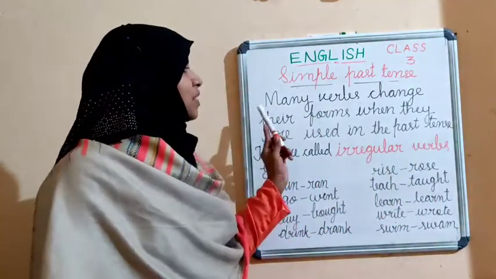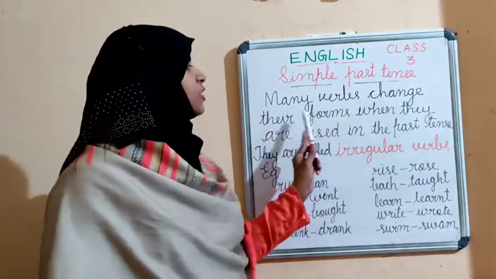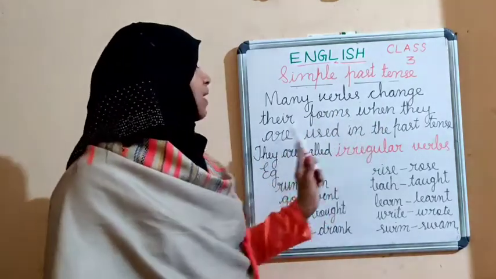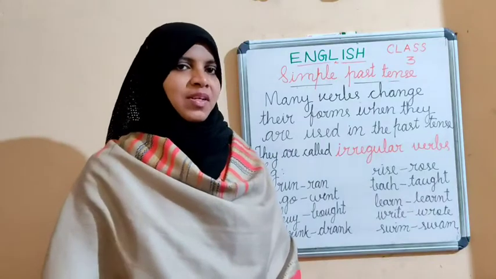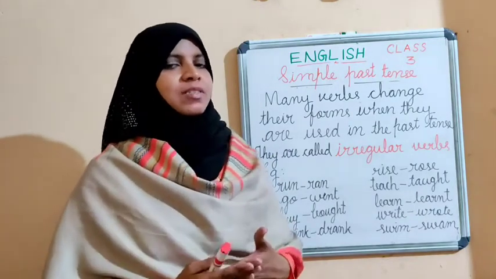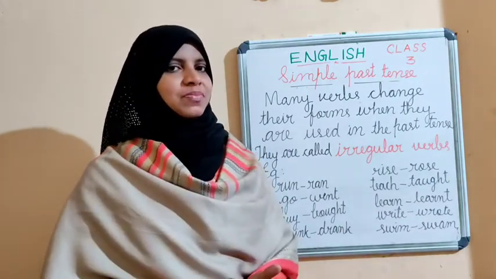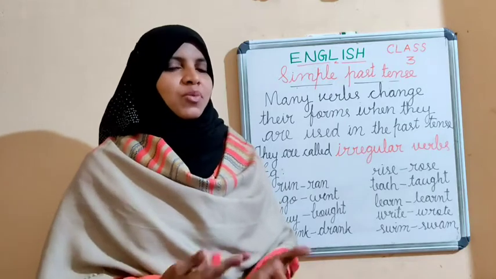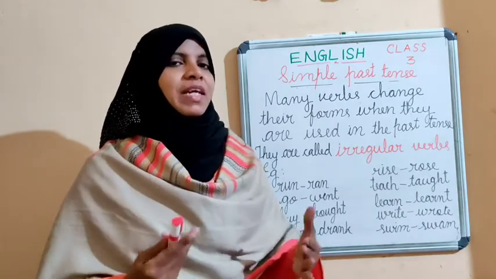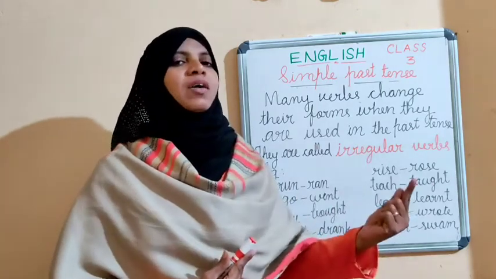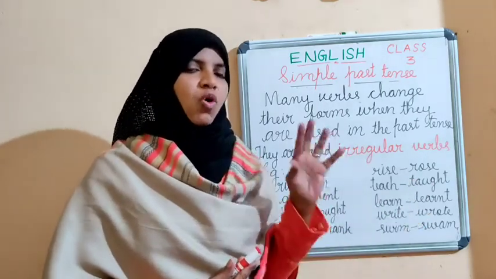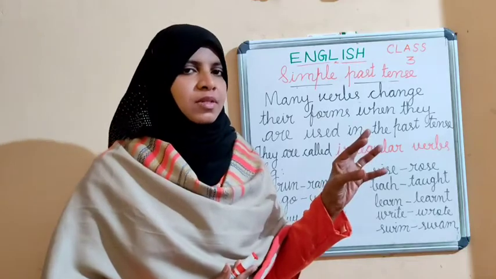Now next one. Many verbs change their forms when they are used in the past tense. We discussed regular verbs. What are regular verbs? When we add D or ED to get the past tense of a verb, we call those verbs what?